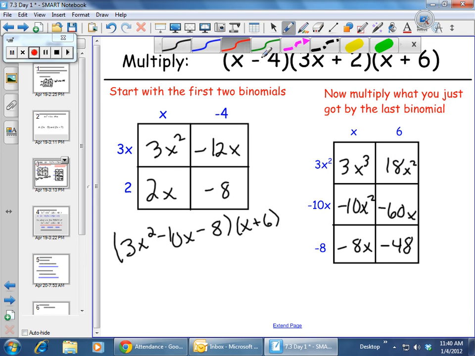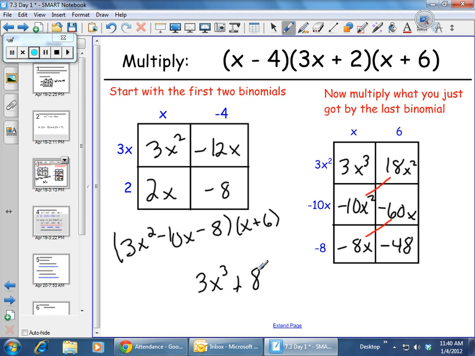So I'll connect those with a red line. So we get 3x to the third for our answer, plus 8x squared, minus 68x, minus 48.